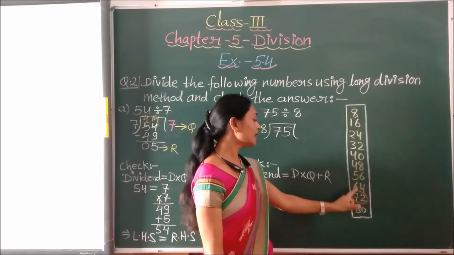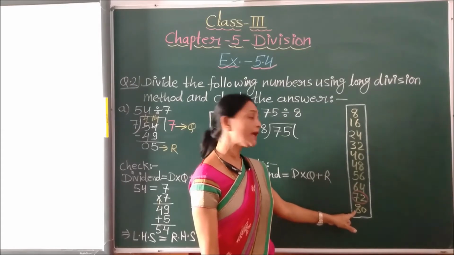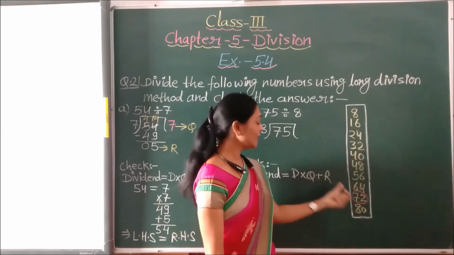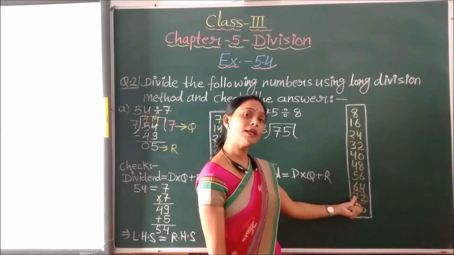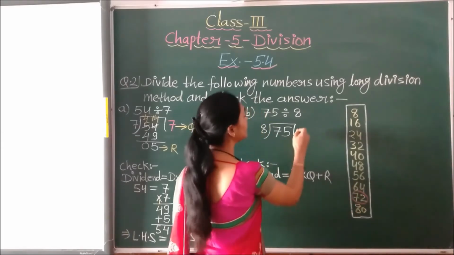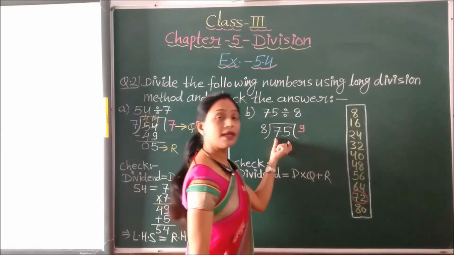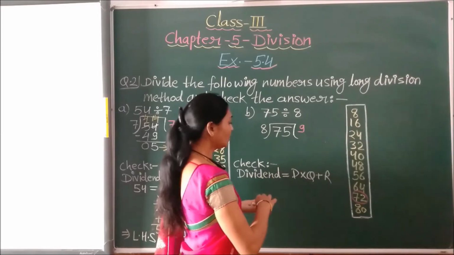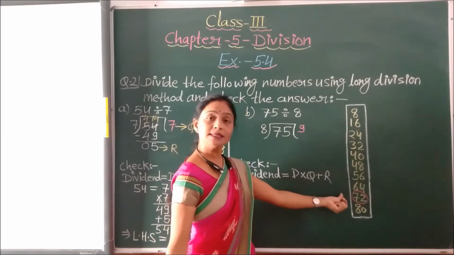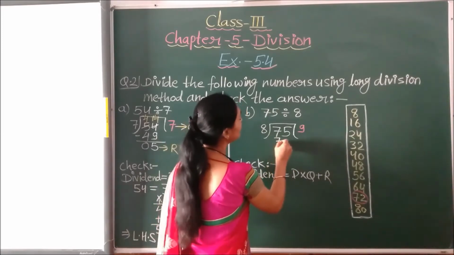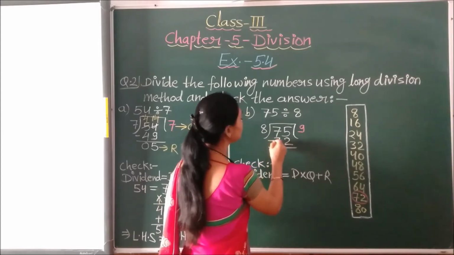If we take the next one after 72, it is more than 75. So we take up till 72 only, meaning 9 times. So here this 9 is the quotient. 9 times we get 72, so we write 72 here and subtract.